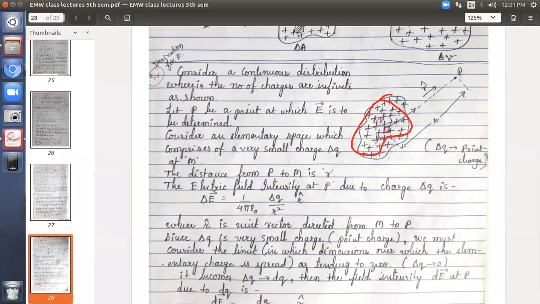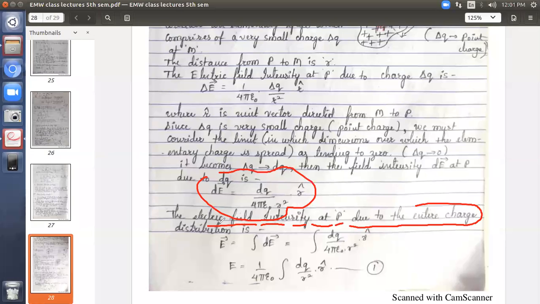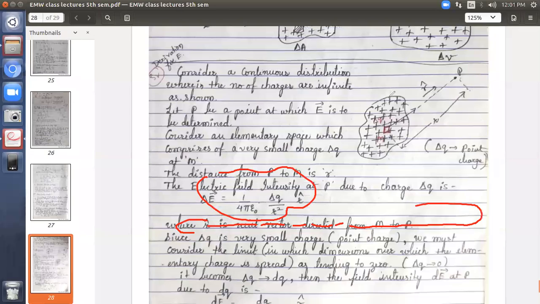Okay. Now if you want to apply this concept to the whole distribution, any number of charges, say you have Q number of charges, earlier a smaller portion had delta Q. If there are totally Q number of charges and you want to apply this concept to the complete distribution, you have to go for integration. So this is the smaller value of the electric field. But if you want to find the electric field intensity at point P due to the complete charge distribution, the entire figure has to be taken into account, whatever shape I have taken.